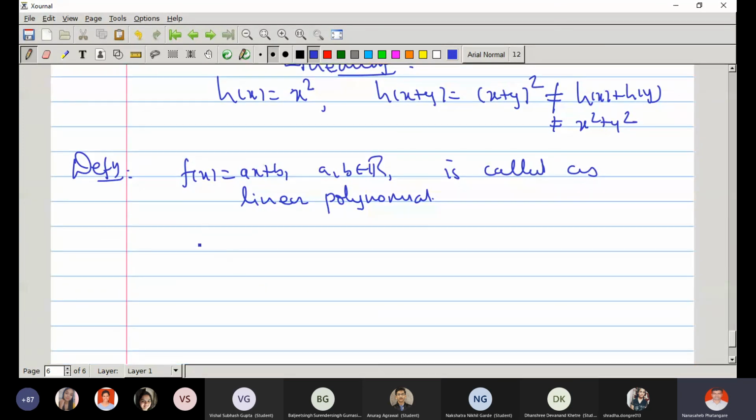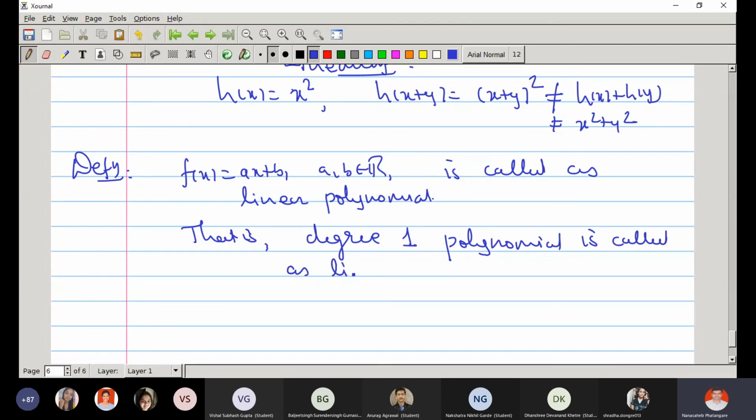Degree 1 polynomial is called a linear polynomial. The degree should be 1, not less than 1. You may have a non-zero constant term or a zero constant term.